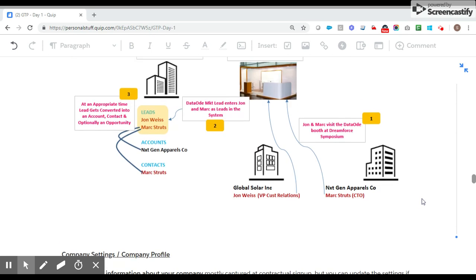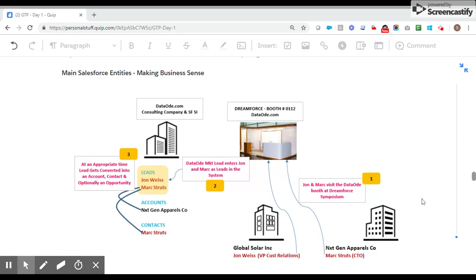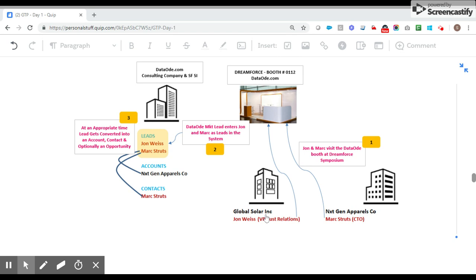And second, there are Global Solar Incorporated and Next Gen Apparel Company. So these two are enterprises, and you have John Weiss, VP of customer relations, and Mark Strutz, CTO of Next Gen Apparel Company.